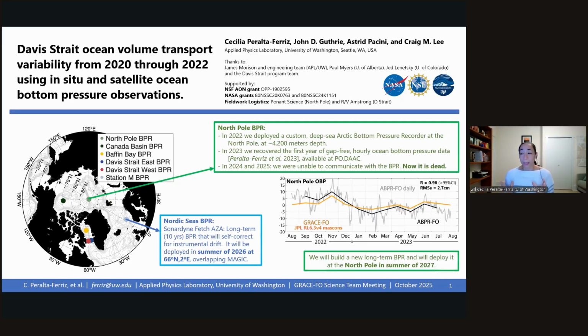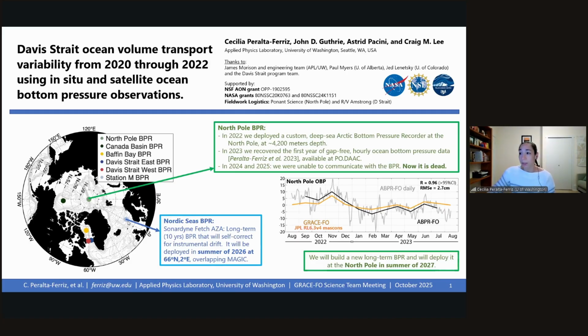Another piece of equipment that we have new in our hands now is a Sonardyne Fetch ASA, a long-term bottom pressure recorder for 10 years of continuous records that will self-correct for instrumental drift. And this instrument is going to be deployed in summer of 2026 in the Nordic seas.